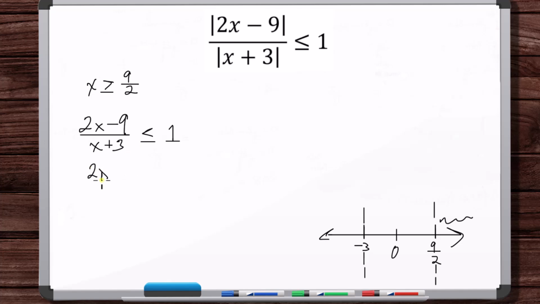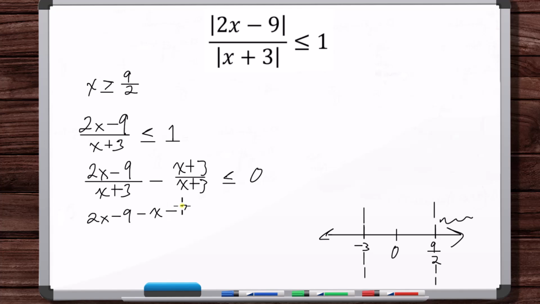In general, with just an inequality, the process is bring everything to one side and then find where the expression equals 0, and then find the positive and negative intervals of the expression. So subtracting 1 from both sides, let's write 1 as x plus 3 over x plus 3. Okay, now we've got 2x minus 9 minus x minus 3, which is x minus 12.